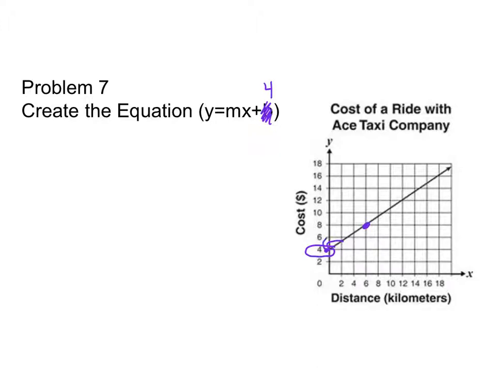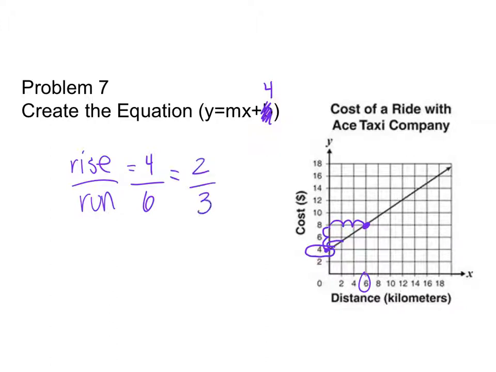So I'm going to go up 4, and I'm going to run 6. That reduces to 2 over 3. So my slope is 2 over 3. So my final equation is y is equal to 2/3 x plus 4.